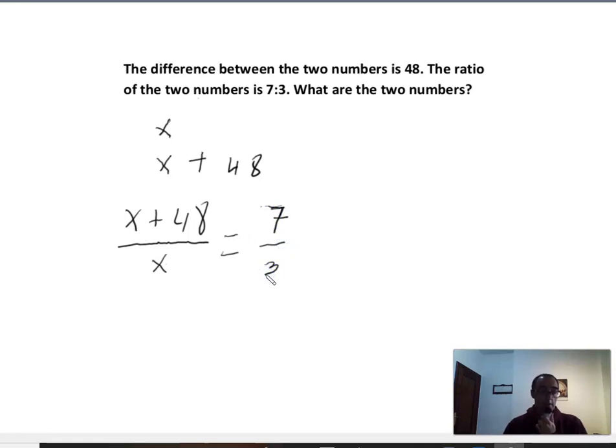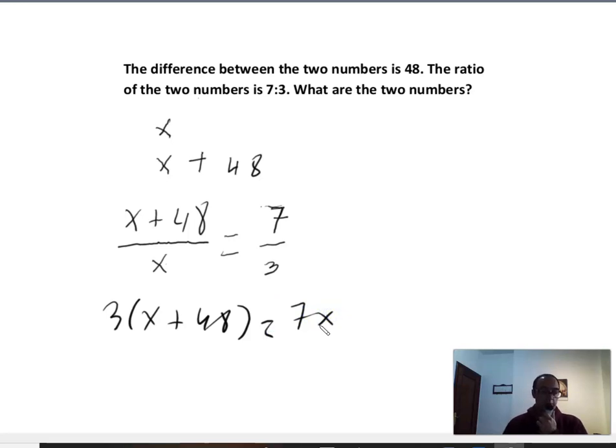These are two equivalent fractions, so we can do cross multiplication. We multiply x plus 48 by 3, and we multiply 7 times x, and those two amounts must be equal. So 3 times x plus 48 must be equal to 7 times x.